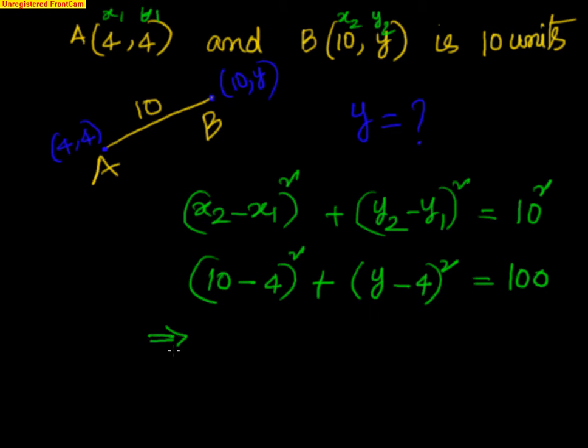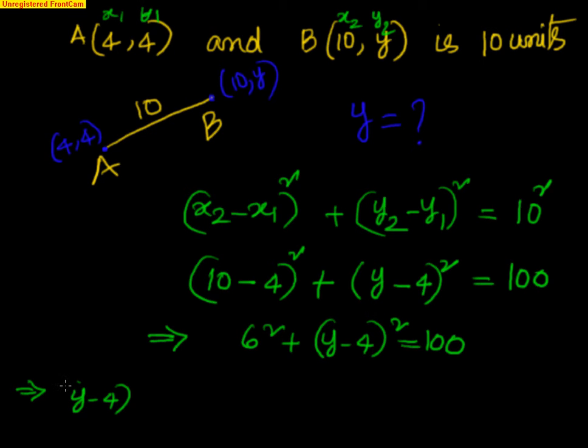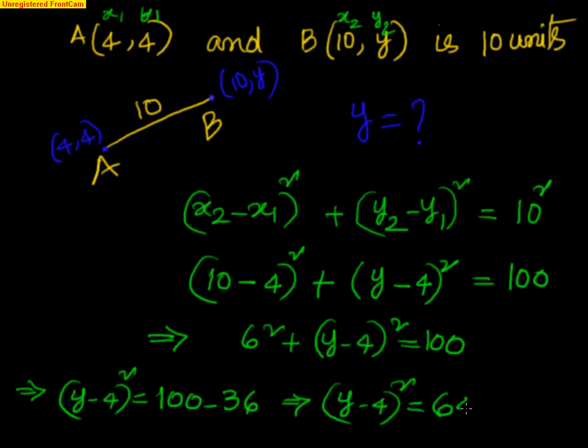If I simplify this, 6 square plus y minus 4 whole square equal to 100, which gives me y minus 4 whole square is equal to 100 minus 6 square, that's 36. Which implies y minus 4 whole square is equal to 64.